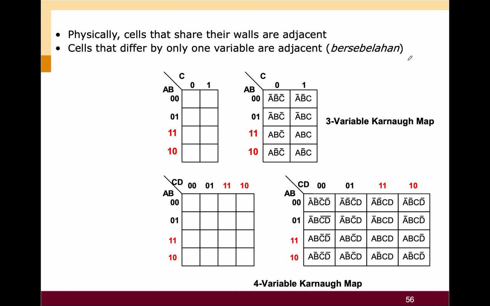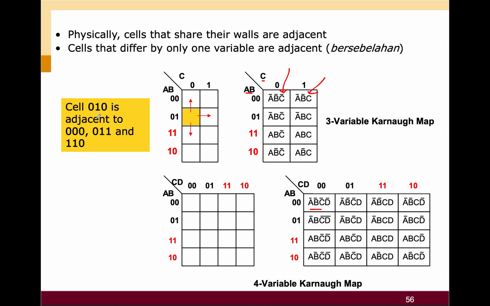And then I erase. So you look inside, this is the possibility, the value of what is represented for your input A, B, and C. And this one for A, B, C, and D for 4 variables. Cell 0, 1, 0 is adjacent to 0, 0, 0, 0, 1, 1, and 1, 1, 0.